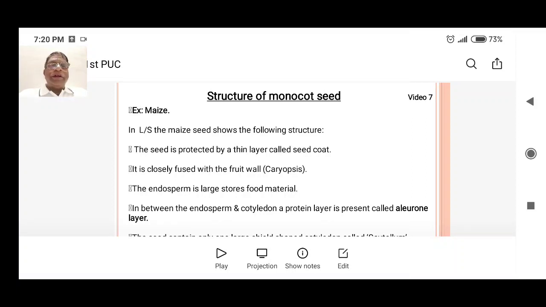Hence, it is fruit wall and seed coat, you can say. That's why it is a fruit.